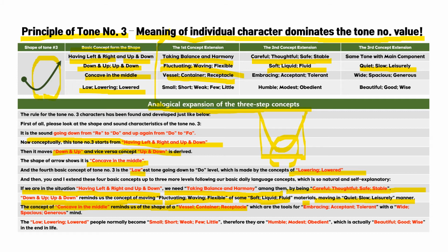The vessel and container embrace something, which suggests acceptance, tolerance. They are the tools for embracing, being accepting and tolerant, with a wide, spacious, and generous mind.